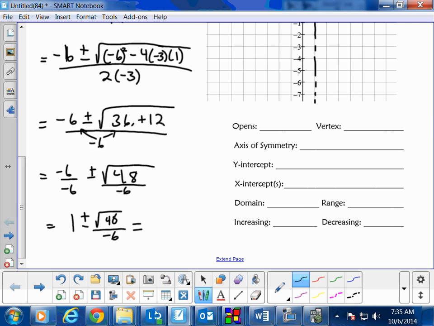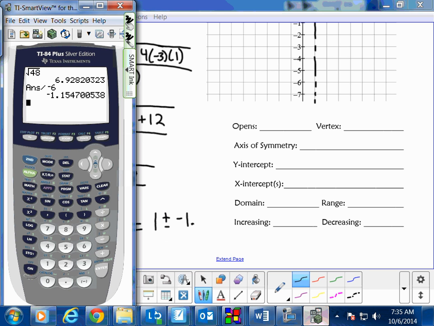So now let's write down: this is 1 plus or minus 1.15, let's see what that number was exactly, 1.1547. From here, we're going to write down our two x-intercepts, which is plus or minus this amount.